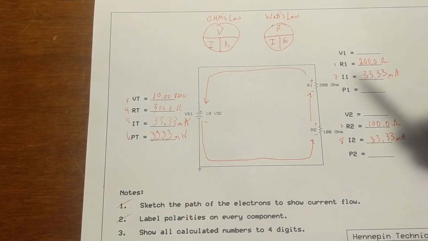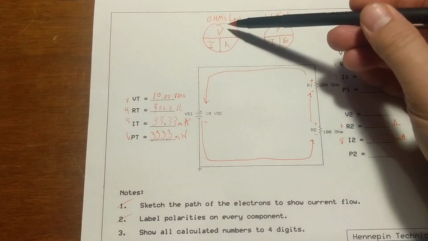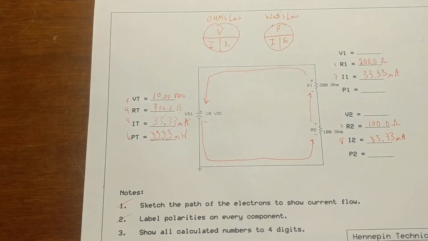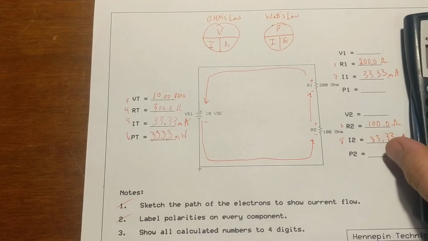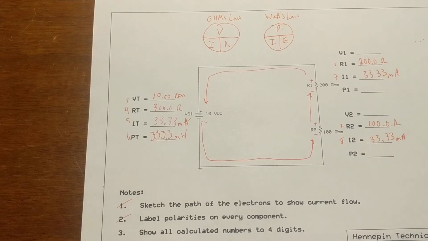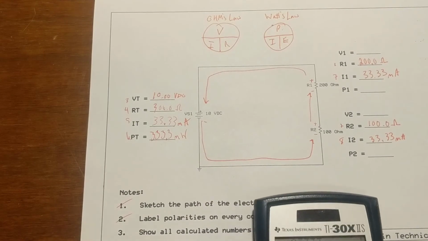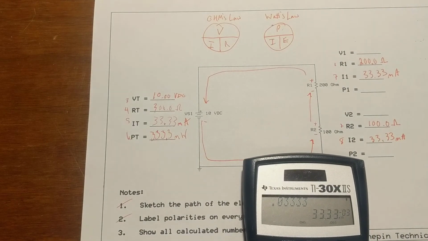And if I know my current and my resistance, I can calculate my voltage. And here we're just multiplying by 100, so 0.03333 times 100.